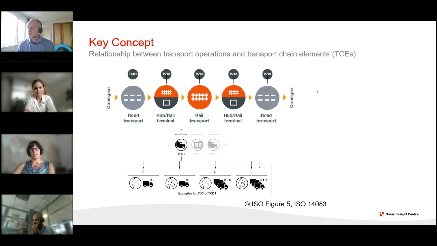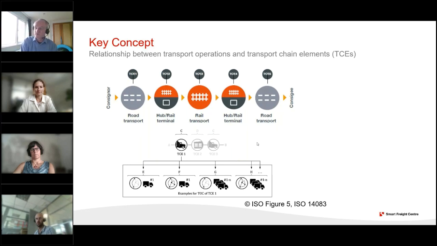The transport operation category represents movements generally of similar types of vehicles performing similar operations on a repeatable basis, so that actually the information that goes into the calculation for a transport chain element is more representative than an individual snapshot that might vary day by day, because generally that isn't particularly useful when it comes to aggregated emission reporting.